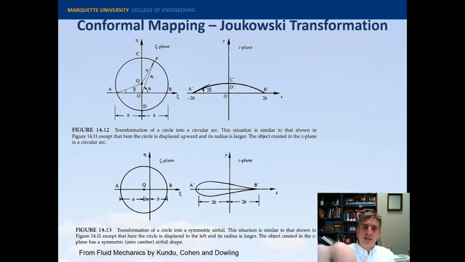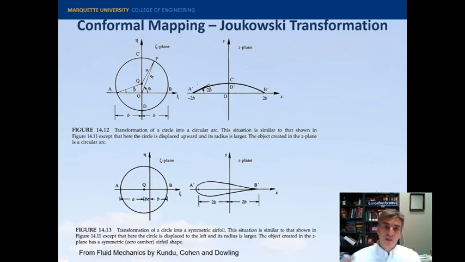So you can take the circular cylinder and map it onto this z-plane from the psi plane and generate a flow field. So you just wrap the whole flow field around in the same way that we can wrap flow around a corner. We can do the same thing in this complex plane. So you can generate flat plate airfoils, as I've shown here, with camber, or some symmetric airfoil.